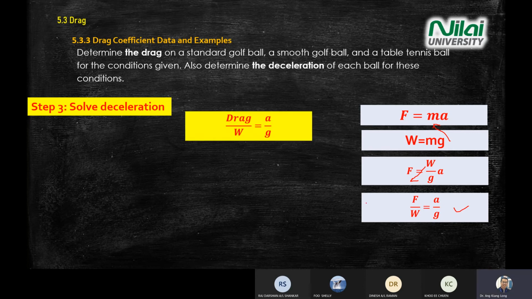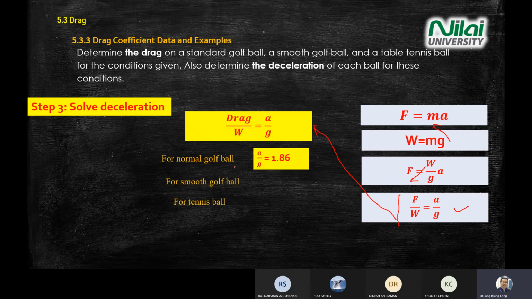So what does it mean? What does this equation mean to you? It means that the drag divided by the weight of the object equals acceleration divided by gravity. So for normal, you have 3 cases. If you take a divided by g, it is 1.86. How do you get 1.86? You take the drag divided by the weight itself.